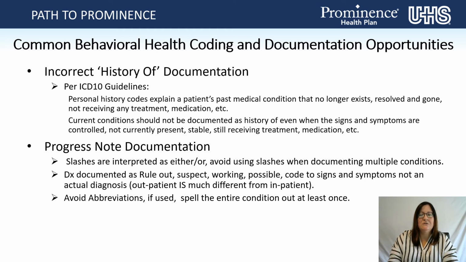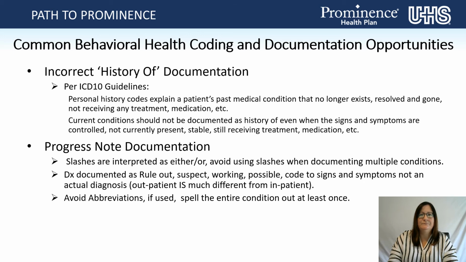Outpatient documentation is much different from inpatient documentation, so be sure to list an exact confirmed diagnosis and the treatment plan for that diagnosis. In all cases, try to avoid abbreviations, but if you do use an abbreviation, best practice would say to spell that diagnosis out at least one time and then utilize the abbreviation throughout the remainder of the progress note.